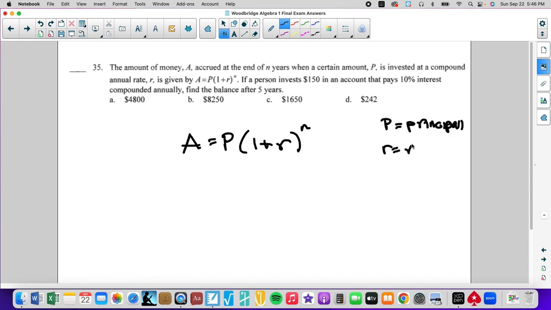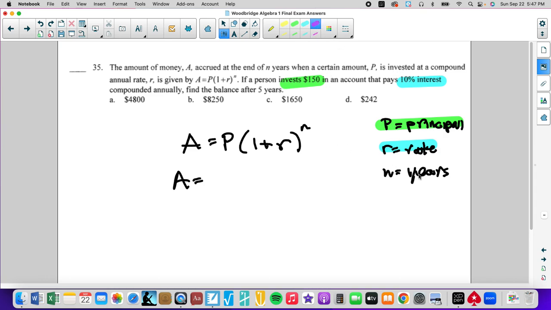R is equal to rate, and it needs to be in a decimal, and N is the number of years. So we're looking for A. What is my principal? How much money do I start with? I invest $150. My rate is going to be 10%. I'm going to have to convert that to a decimal.